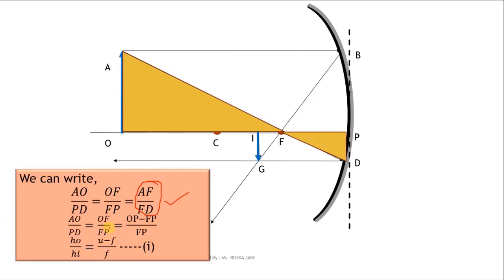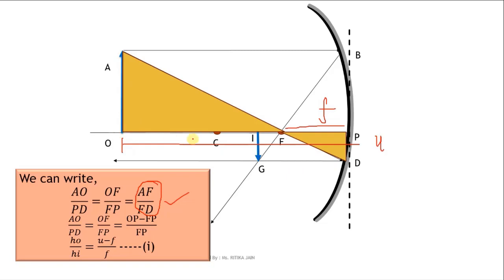See, OF can be written like this. The distance OF is not directly known to us, but we know the distance from O to P, which is none other than u, the distance of the object. The distance FP is also known to us, that is the focal length f.